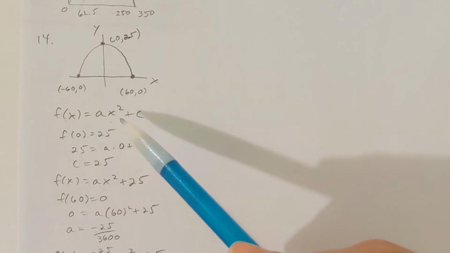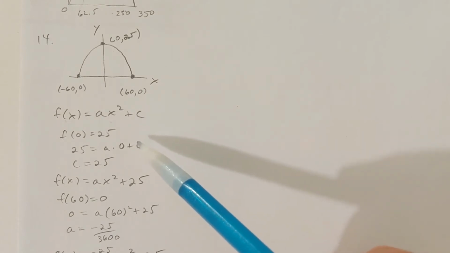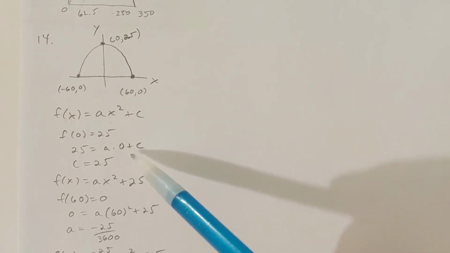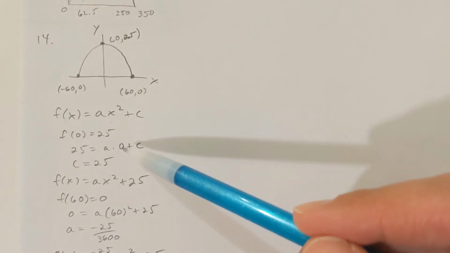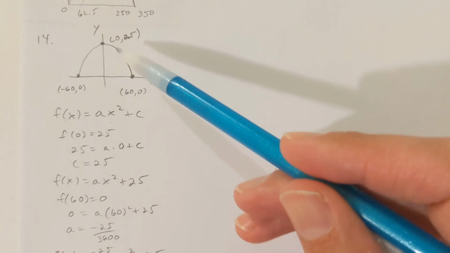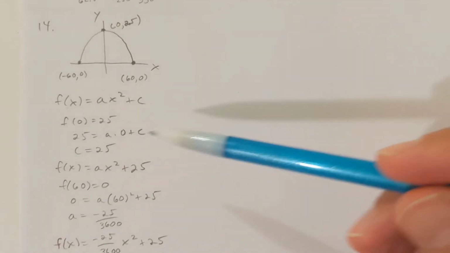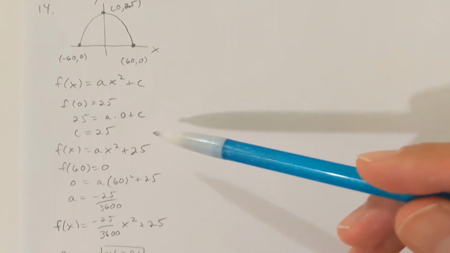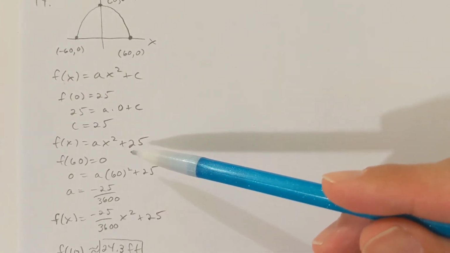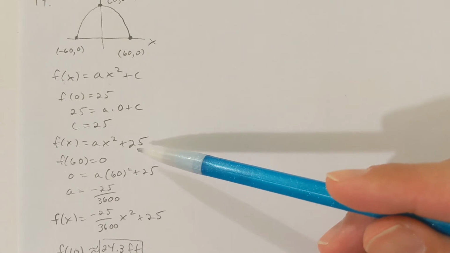Okay, think about transformations. Okay, a is going to be some negative number, and c is going to be how high up the axis this is. So c is 25. We get that immediately. And f of x is equal to ax squared plus 25.